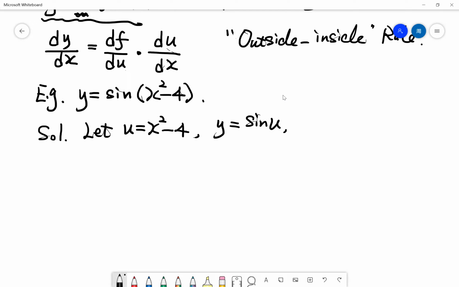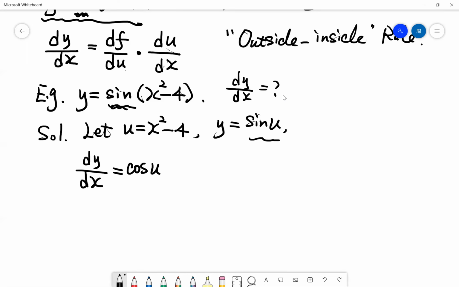And then dy by dx equals, from the outside, cosine u, right? The outside is sine, so cosine u, times the inside, which is 2x.